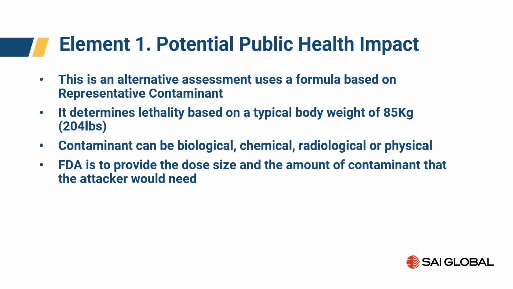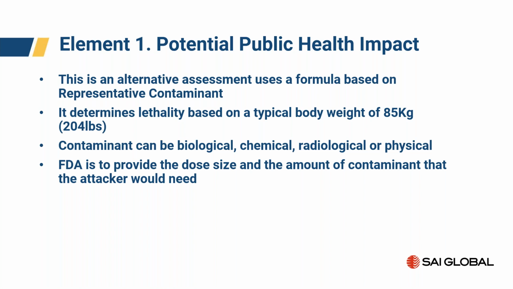The other way is to use a formula based on a representative contaminant. Now you have to say, how much would it take for the average body size? That's why they came up with 204 pounds as the average body size, taking into account adults, male and female. So what would it take to kill a person who weighs 204 pounds?